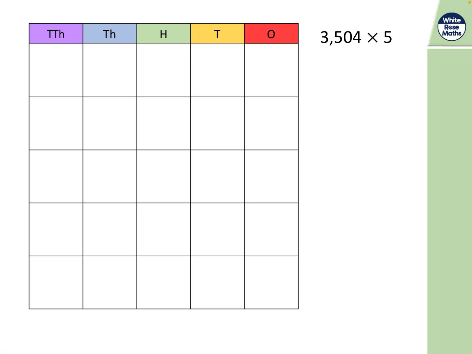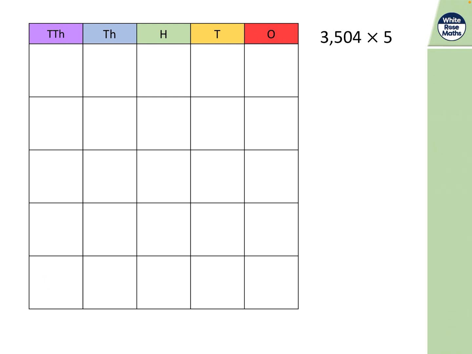So, don't worry about that. Let's have a go at this. So, of course, look at our thousands. This is just breaking this calculation down mentally. So some people, instead of writing a formal column method, what we can do, we can break this down.